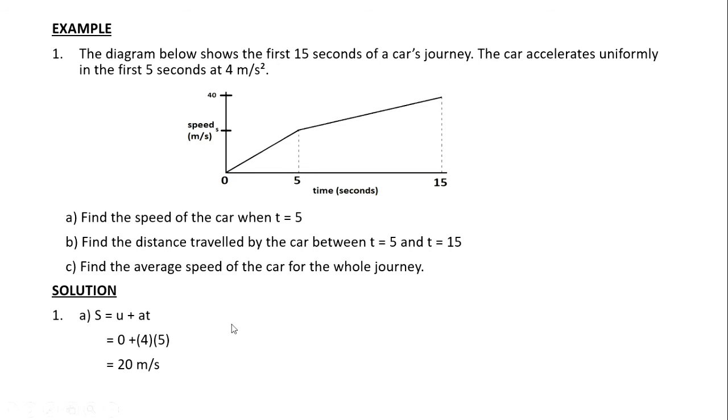Find the distance traveled by the car between t equals 5 and t equals 15. To find the distance, we have to find the area of the trapezium between the time 5 seconds and 15 seconds. So distance is equal to half (a plus b) h.